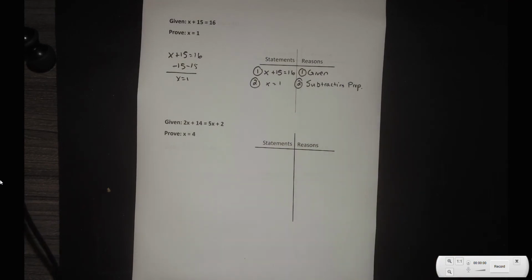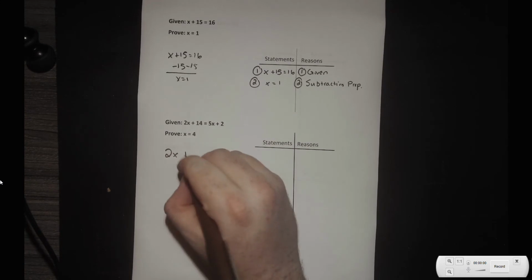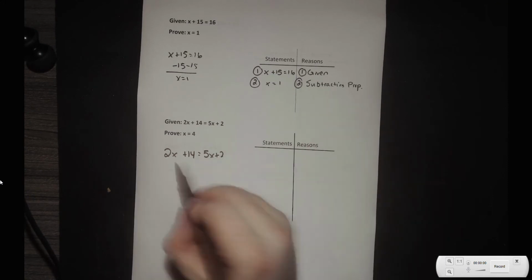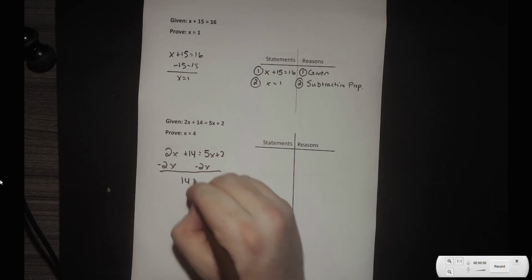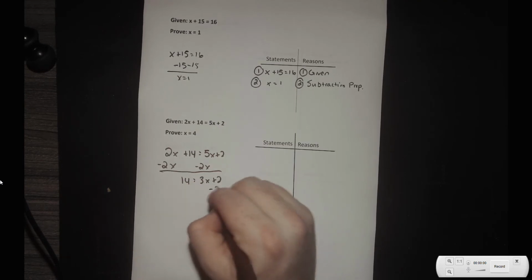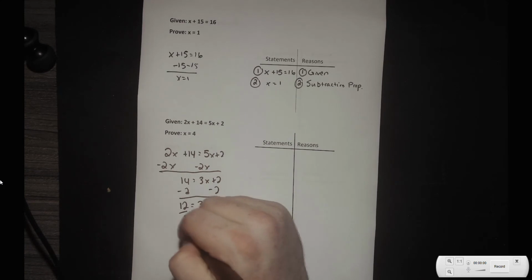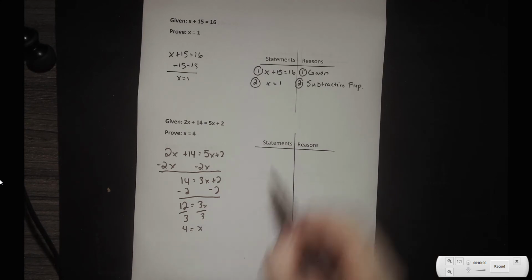That one's pretty easy. Now, a bunch of my students will ask, well, what about combining like terms? Well, whatever operation you do, that's what you can call it. So let's see. I'm going to subtract this first, and then I'm going to subtract this. I'm going to divide this. I'm going to get x equals 4. We could talk about the symmetric property and how to reverse that, but I'm not going to get that much into it right now.